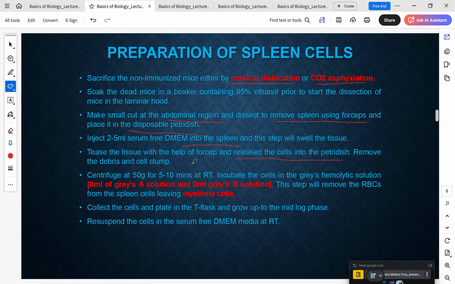You can then remove extra tissue and cell clumps and centrifuge the remaining liquid. This will have the plasma cells, which will have the antibodies against the antigen that you want to make. Then you can culture them.